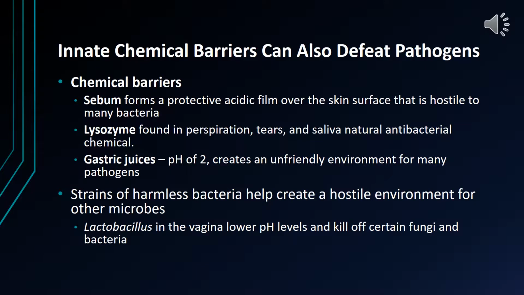In addition to our body's physical barriers, we also have innate chemical barriers that help to defeat pathogens. And I realize that we covered most of these in the chart we went over, but I'm just going to go ahead and review them again.